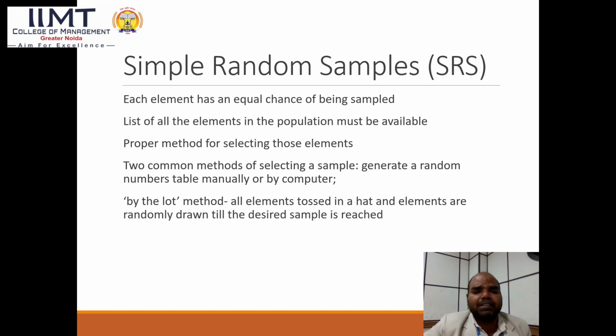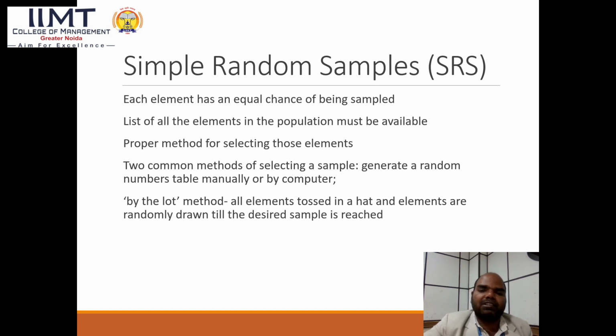Simple random samples, SRS: each element has an equal chance of being selected. A list of all elements in the population must be available, along with proper methods for selecting those elements.